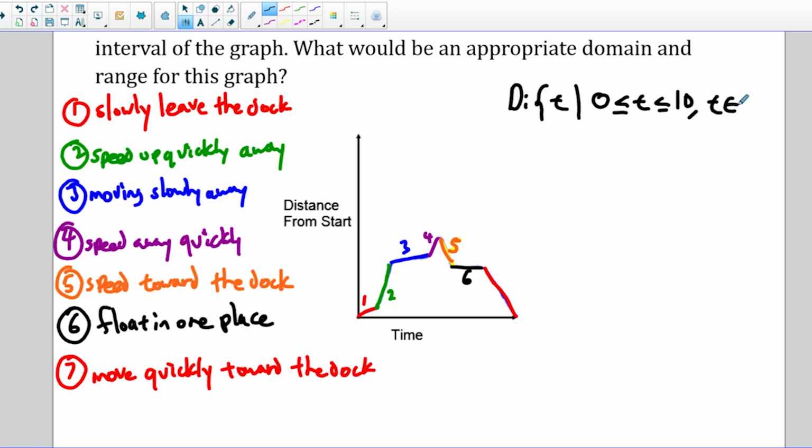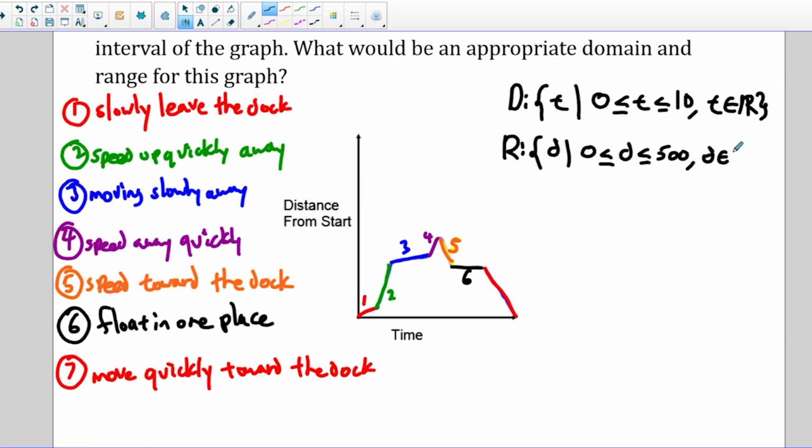All right, we're going to have a good time for 10 minutes, and then we're going to head back to the dock. Your distance from the start, let's call this variable d. We're going to go between 0 and we don't know how many meters, we don't know what the scale is. We can say we're going to go from 0 meters, I guess, all the way up until, I don't know, 500 meters out.